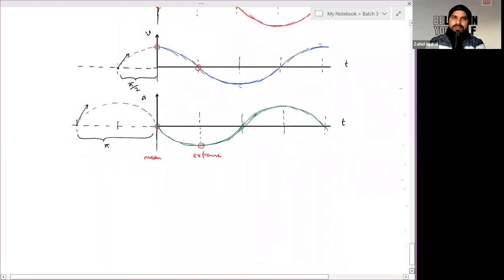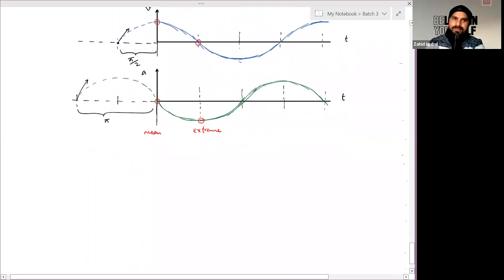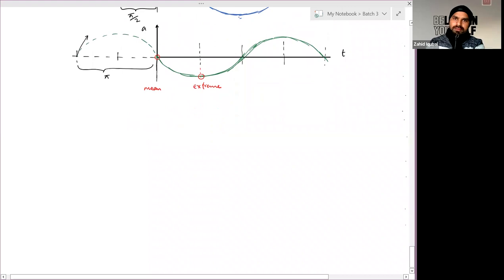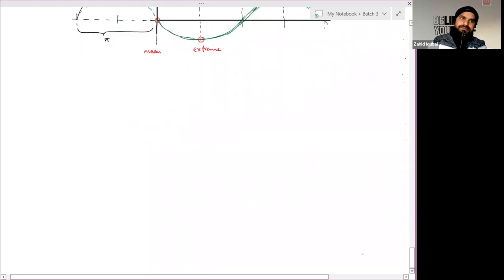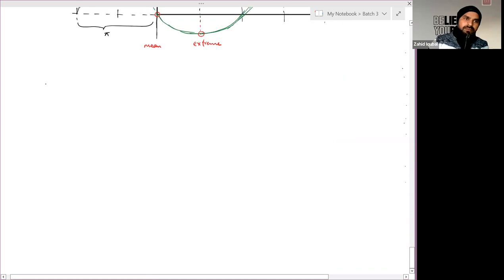Okay, so this is all about the displacement, velocity, and acceleration related to SHM. Next is energy. Energy in SHM.